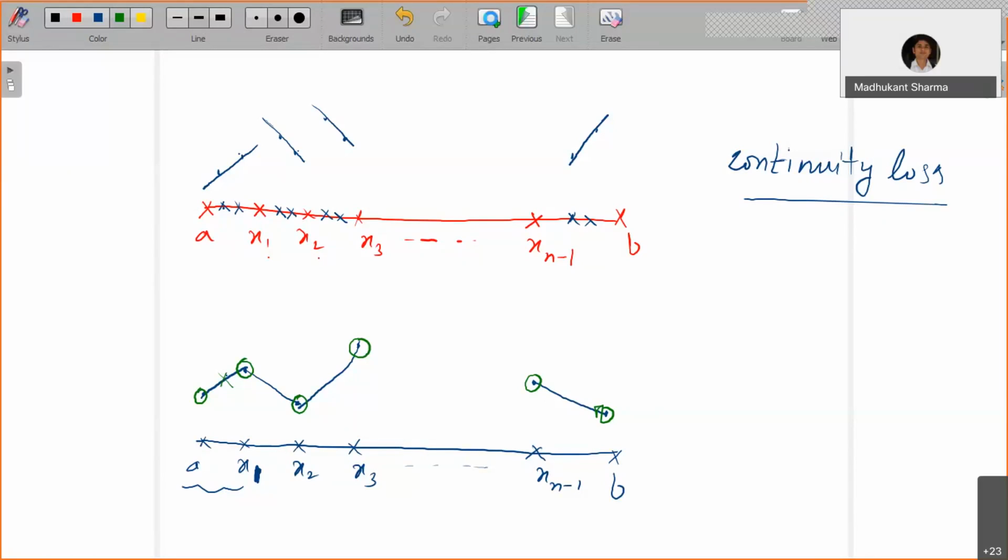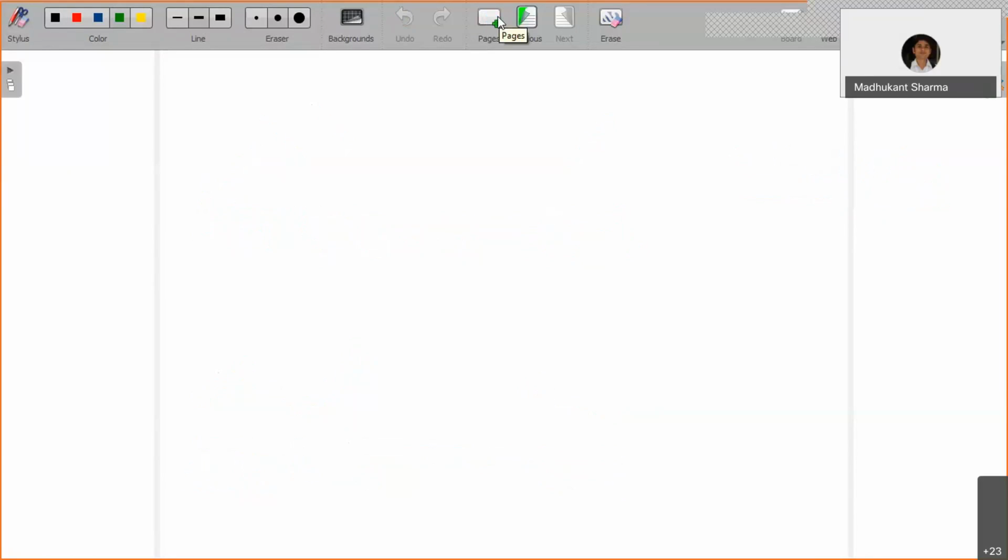So let me give you the structure here. You assume that the continuity and differentiability both are there.